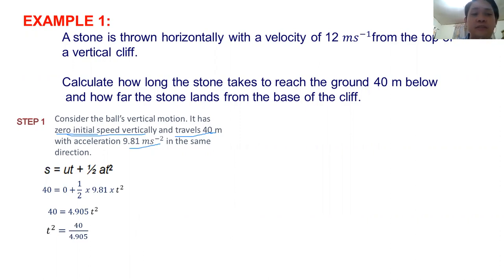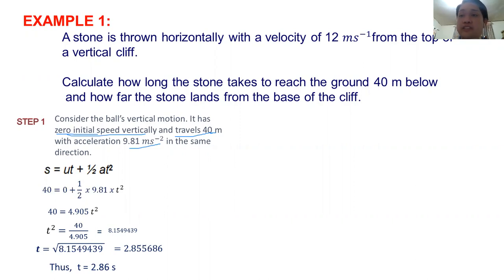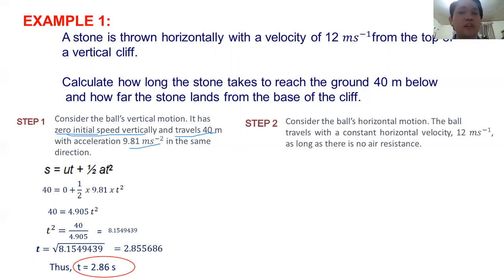Then divide both sides by 4.905, and that gives us t squared is equal to 40 over 4.905, which is 8.15439. Then we get the square root of it to get the time. t is the square root of 8.15439, which gives us 2.855686 seconds, or we can round it off to 2.86 seconds. So our time now is 2.86 seconds.